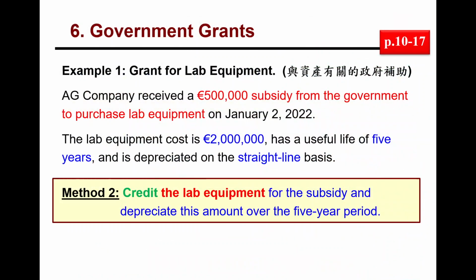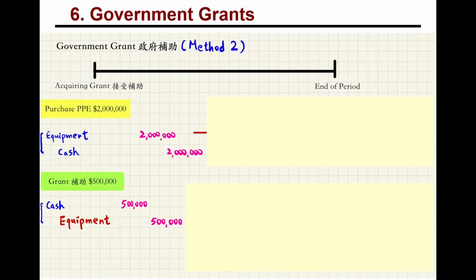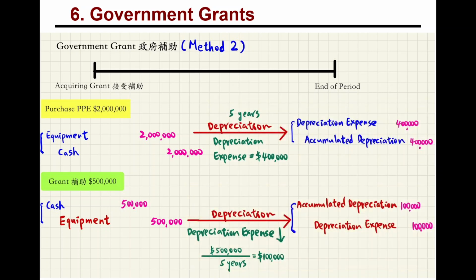Then the second method. For the second method, the difference is we use the grant to decrease the cost of equipment. Okay, so how to do it? No problem, right? Straight line method. So 2 million for 5 years, each year $400,000.